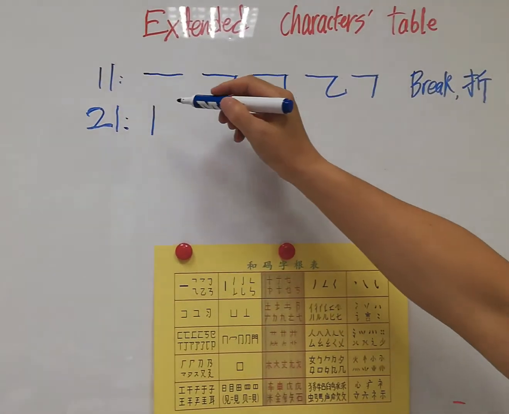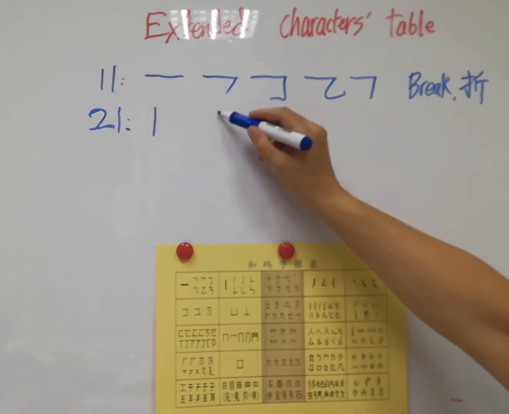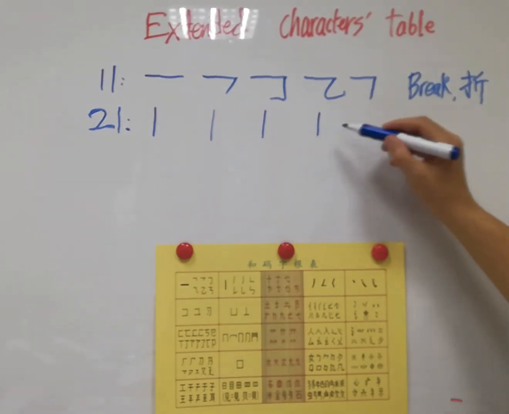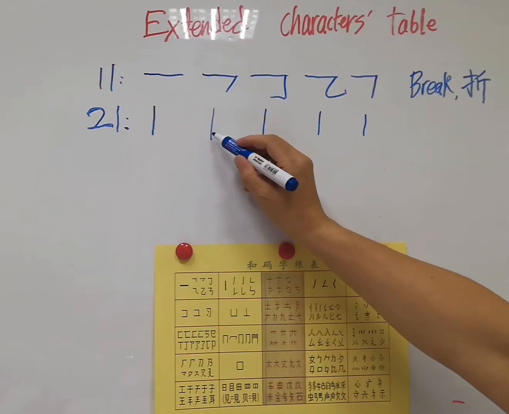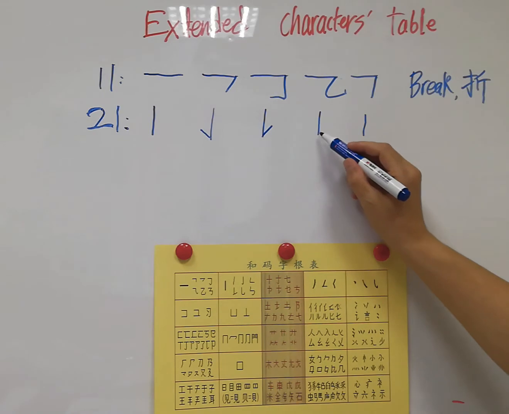We already know the vertical stroke Su's code is 21. Now we add modification to this stroke.